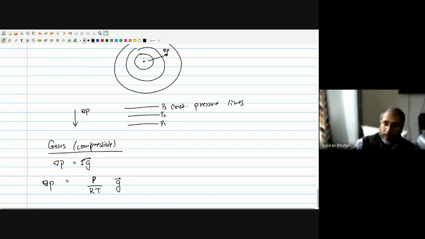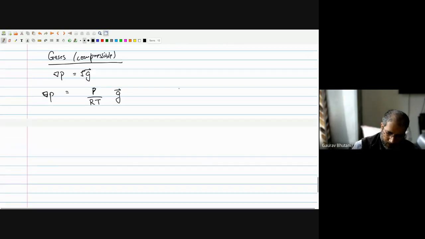Since we're talking about Earth's gravity, this again gives us dP by dz is equal to minus P by RT times g.